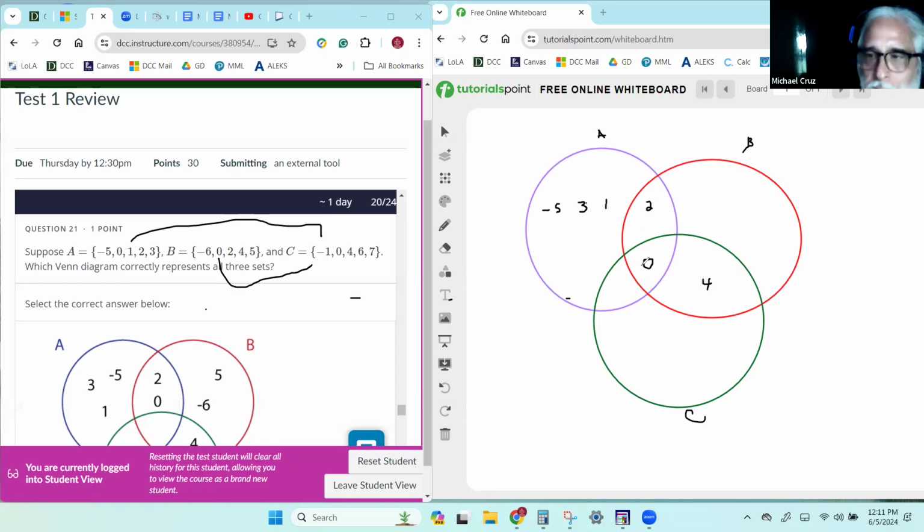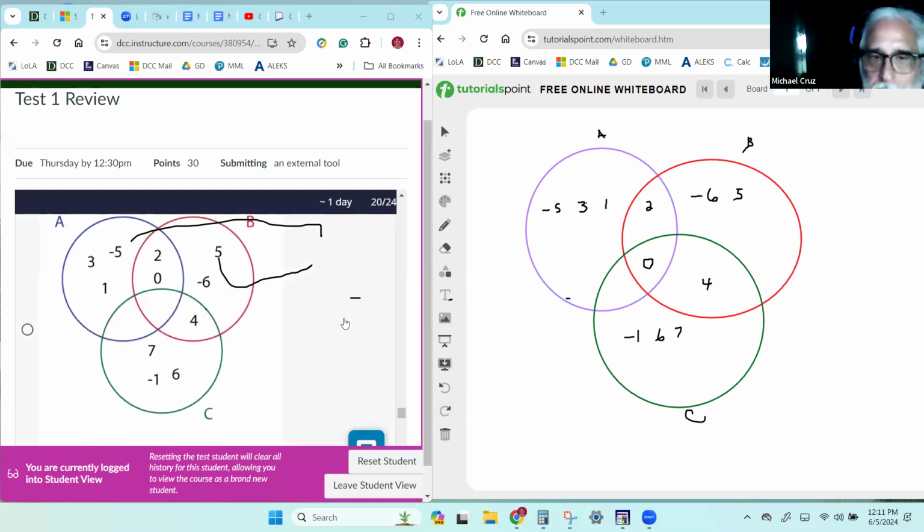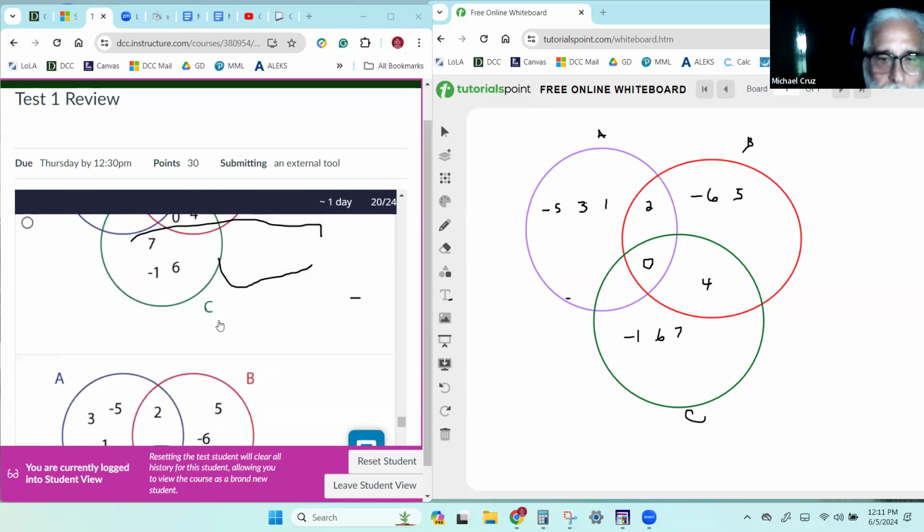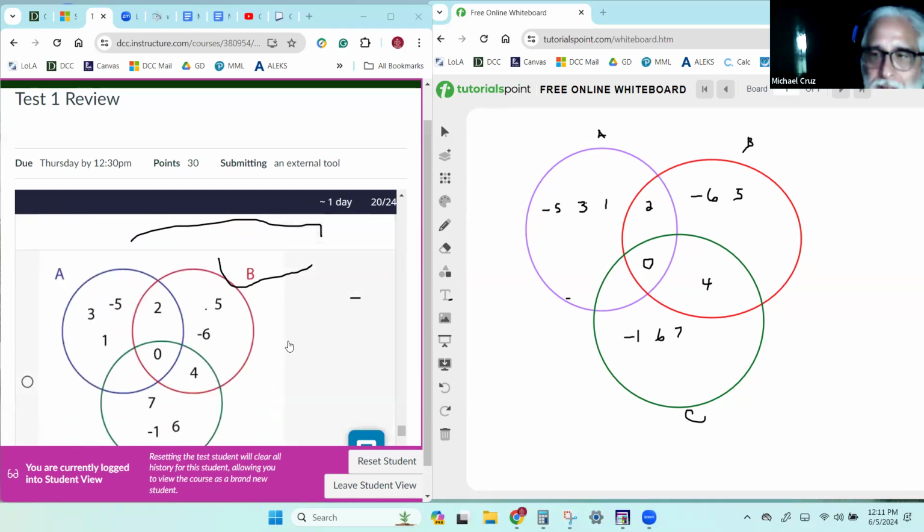B is, okay, we've got 0, 4, and 2, so we did -6 and 5. And then over here, we've got 0 and 4, so we've got -1, 6, and 7. Let's find that one. I think that's it, isn't it? Nope, the 0 is not in the center. So I want one with a 0 in the center, and that looks to be it.